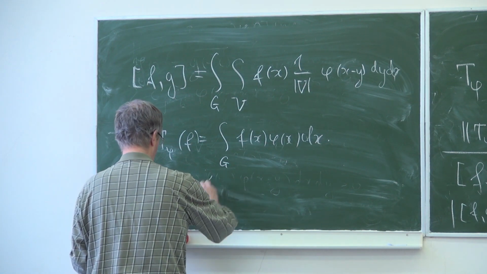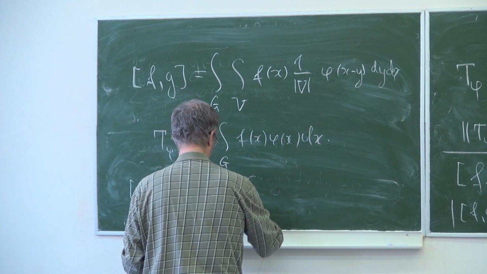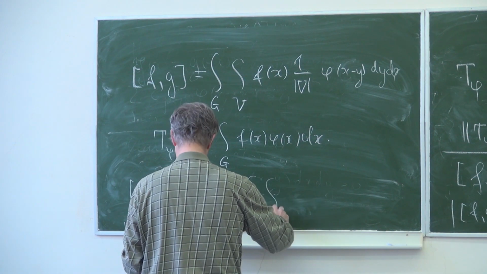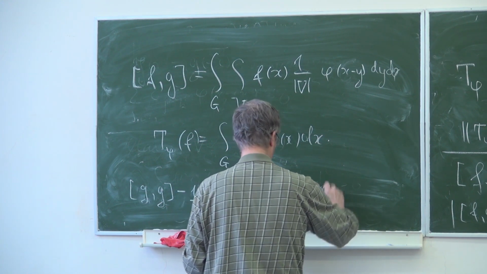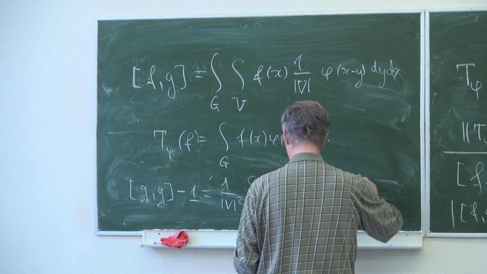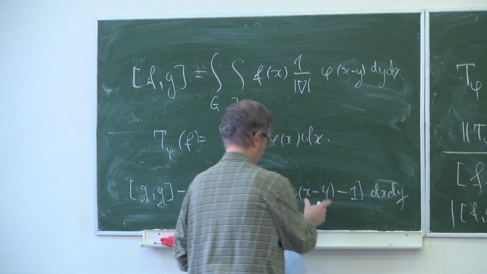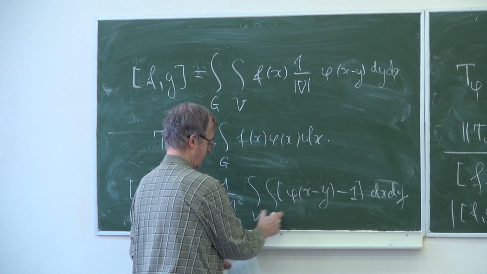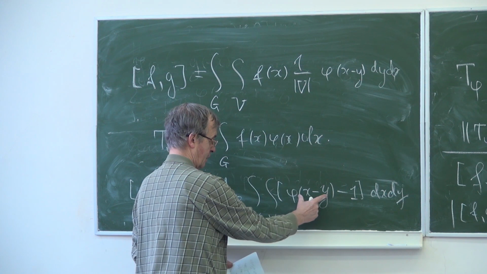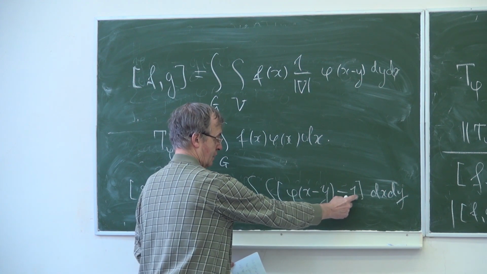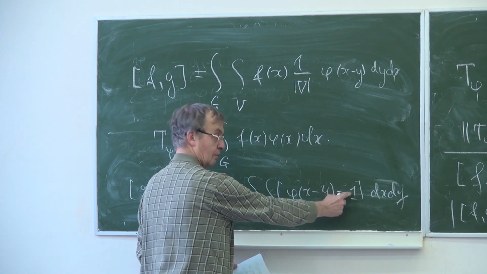This is simply 1 over the measure of V squared, integral over V, phi of x minus y minus 1 dx dy, and when x and y run through some small neighborhood of 0, then this is very close to 1, because I remind you that this is precisely the value of phi at 0.